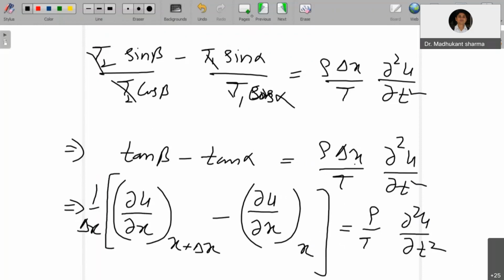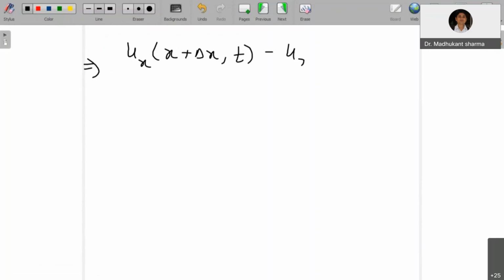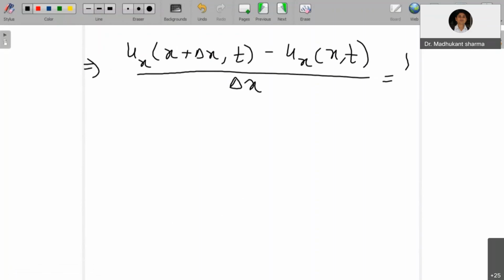Now, if you look at it carefully, I'm just writing it in further notation: (ux at x plus delta x, t minus ux at x, t) divided by delta x equals rho by T times utt.